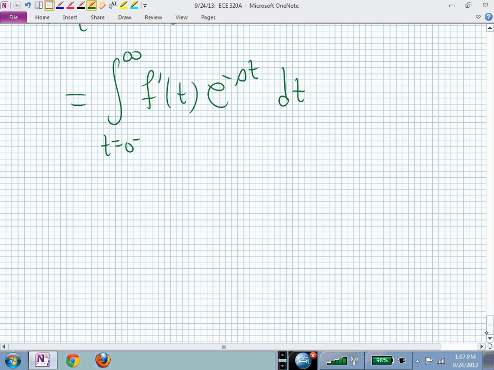Now, we have to go back to our sophomore year in high school and remember our calculus. And we go, well, how do we remove derivatives in the integrand? Integrate by parts.